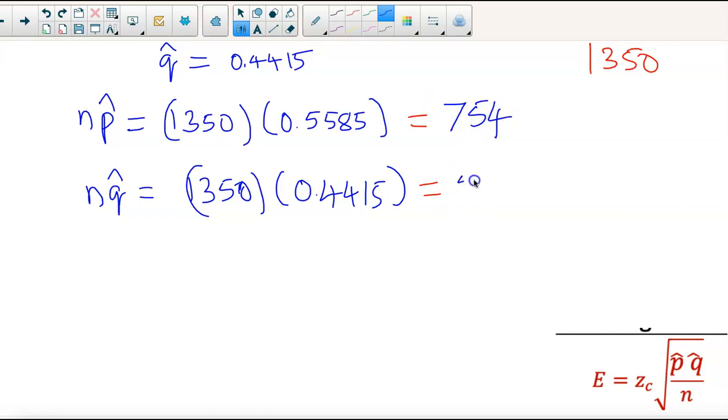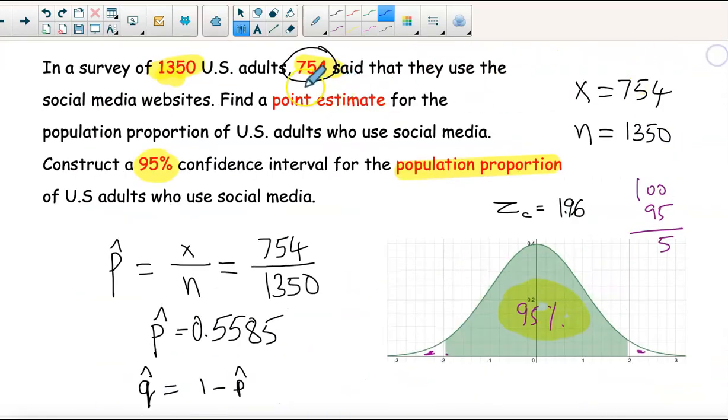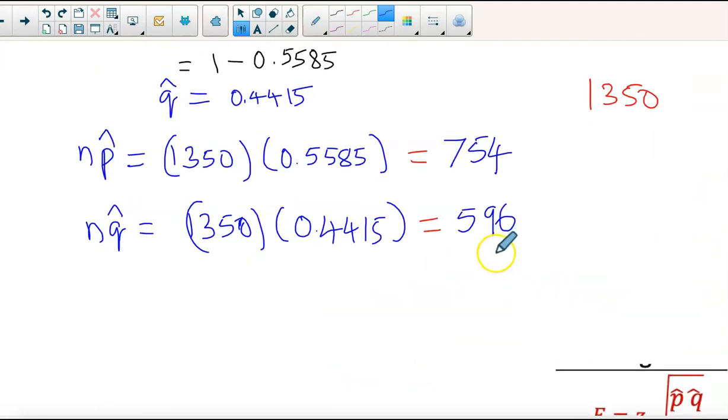You have seen 754 already, that is the X value, right? And 1350 minus 754 gives you this 596. That's how we can go back and verify: the addition of these two numbers is again 1350. But here the condition is I just have to look for whether this number is greater than 5. Yes, it is. This is also more than 5.